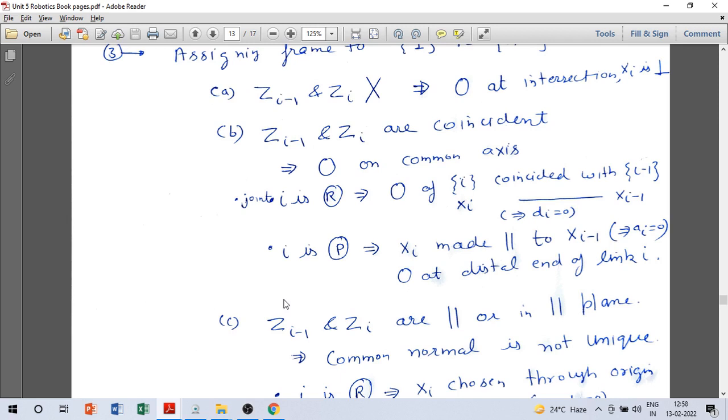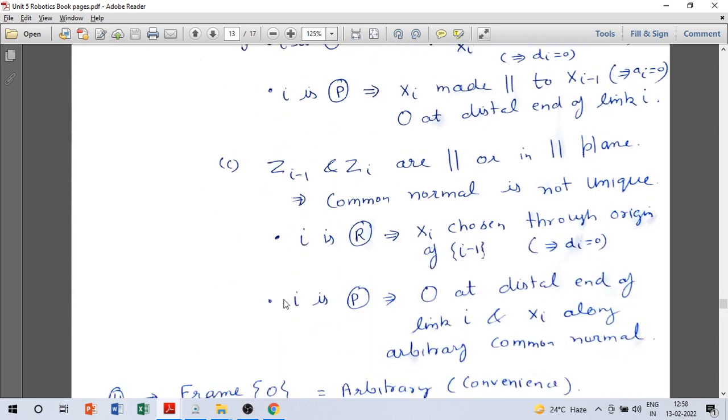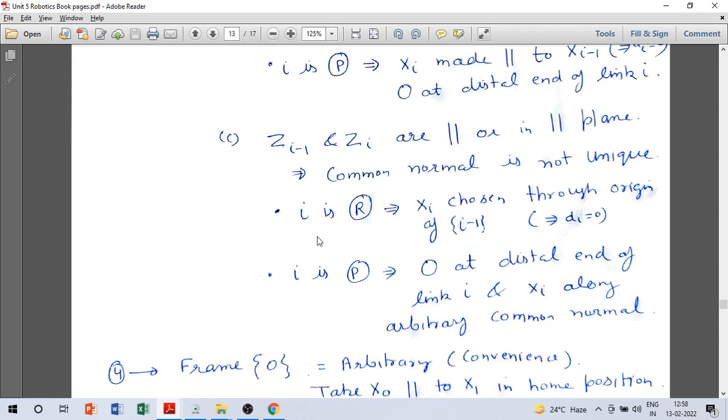At this point I'm just reading the statements here. Another scenario is if z_{i-1} and z_i are parallel, or they are in parallel planes. Again, in parallel planes the common normal is not unique. You can have an infinite number of common normals. So how to define x_i? There are two situations.